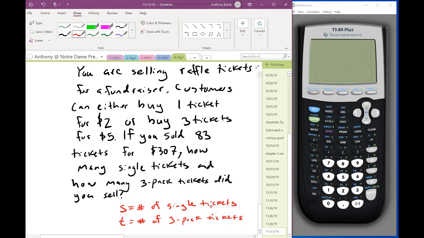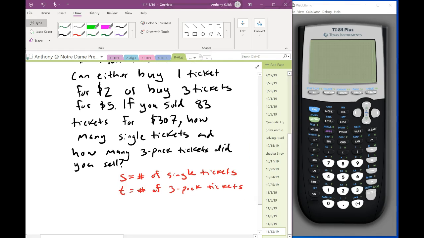Everybody okay with that idea? So far, so good? And now what I'm going to do is write a system of two equations to describe this situation. Everybody's okay with that idea?